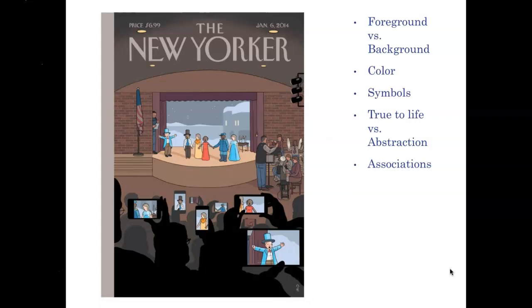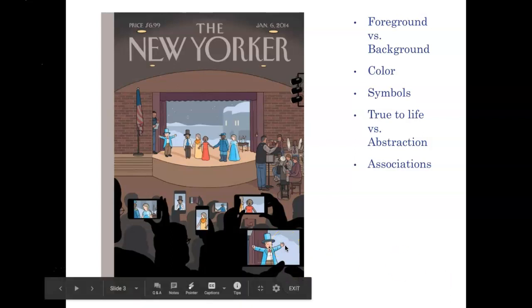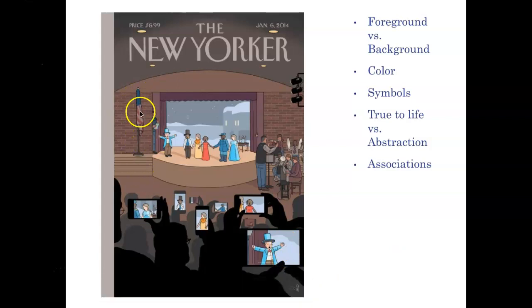Now, if we think about the colors used, again, this is a very muted palette. So you don't get necessarily a sense that something vibrant is going on, right? And if you think about different symbols, obviously the screens are symbols of themselves, right? But then you also have something like the American flag. I always remember that being in all of the schools and the Pledge of Allegiance and all that kind of stuff, right?